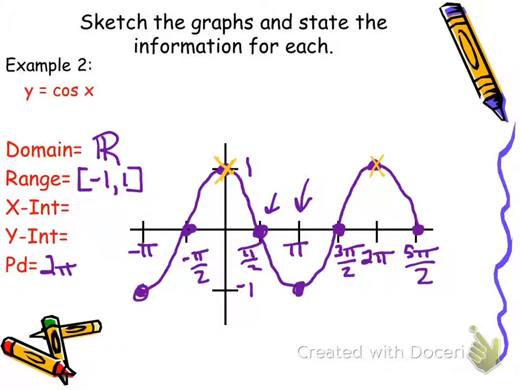X-intercepts. This one's a little bit tougher to describe than the last one, right? So what are my x-intercepts? Looks like I got negative pi over 2, pi over 2, 3 pi over 2, 5 pi over 2. What would the next one be? 1, 3, 5, 7 pi over 2, 9 pi over 2.